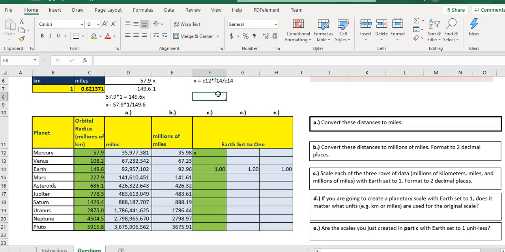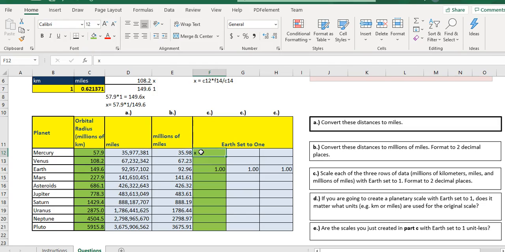So now we've got to talk about our cell referencing and whether we're going to have mixed referencing or absolute referencing. So the 149.6 and the 1 should never change. So let's talk about another example. What if it was Venus and we were doing 108.2? So it would be 108.2 right here. It would still be 149.6.